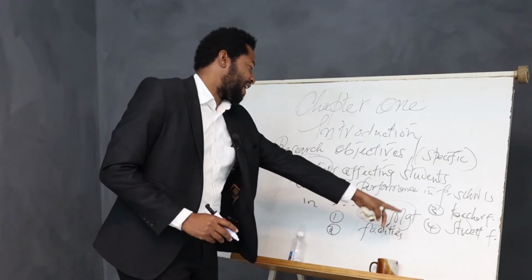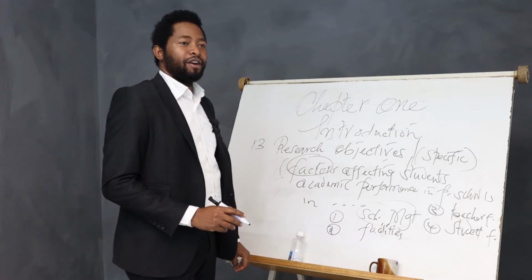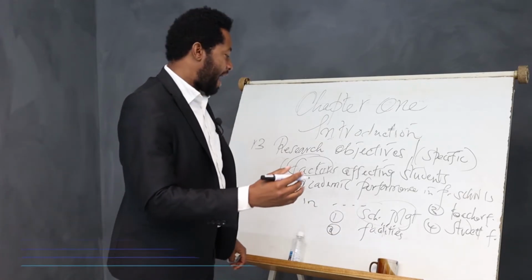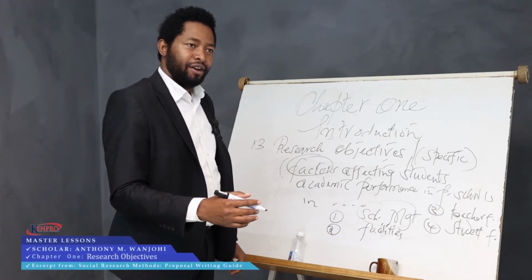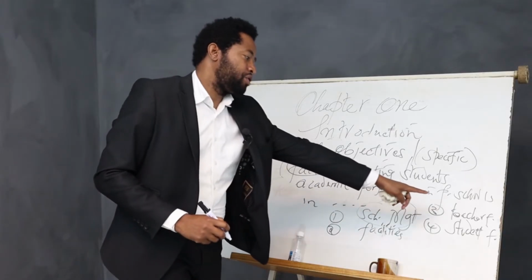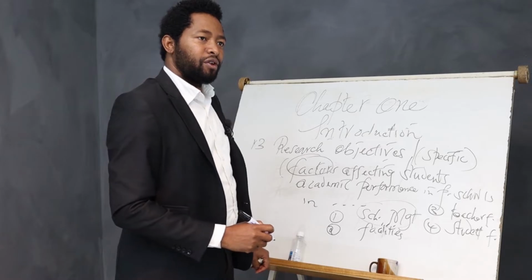I may put the second one on facilities: to find out how school facilities affect students' academic performance in public secondary schools in that area. I may also put, for instance, to examine the teacher characteristics that affect students' academic performance among secondary school students in that area.